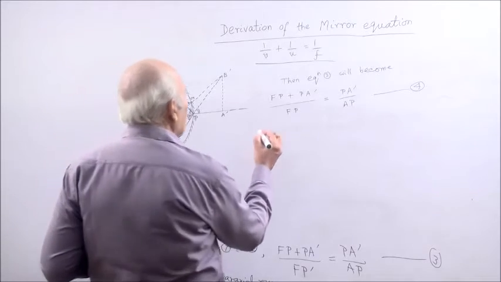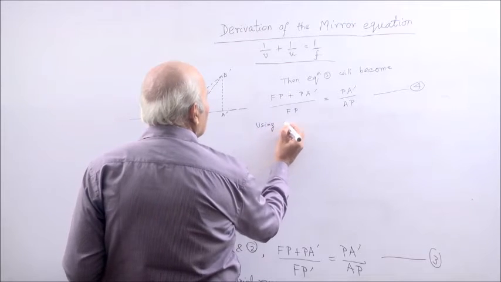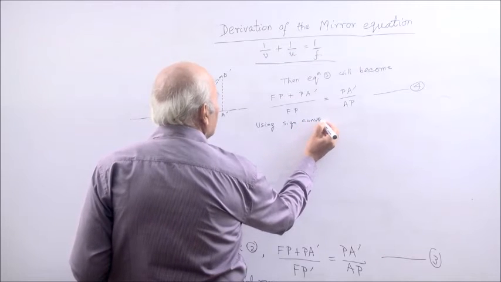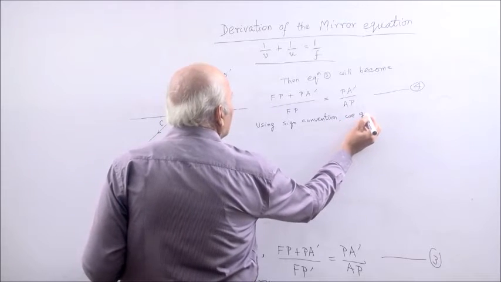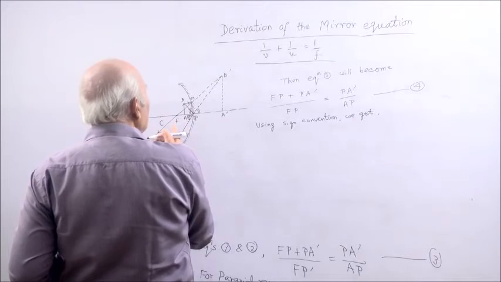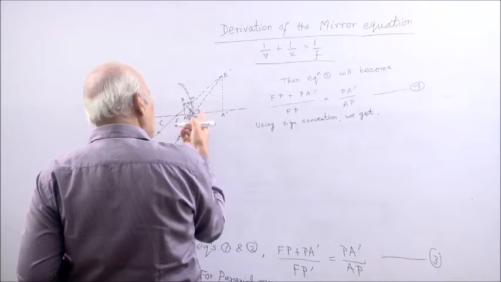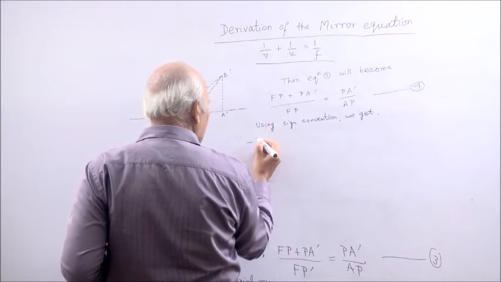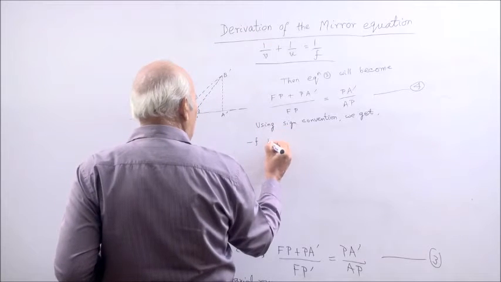So, using sign convention, we get, for FP, the focus is real and you are measuring from P to F, so it will be minus F, then plus PA dash.